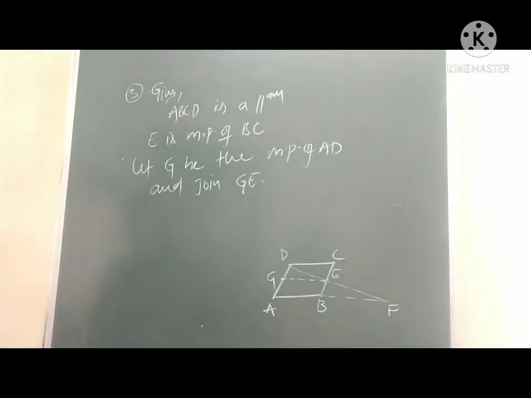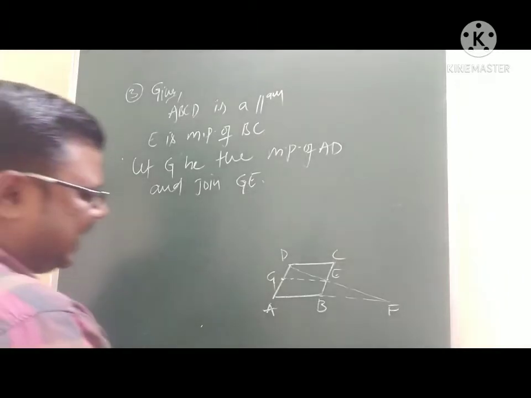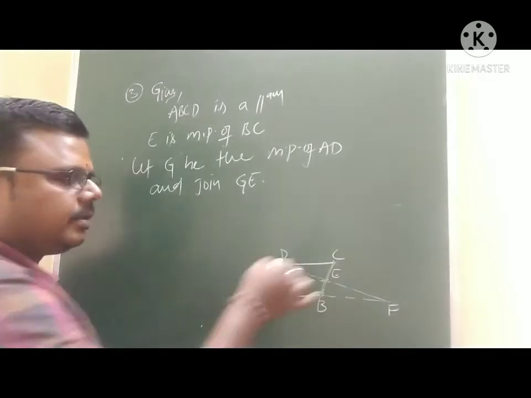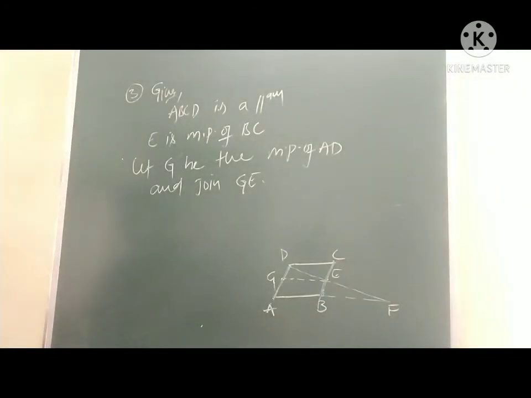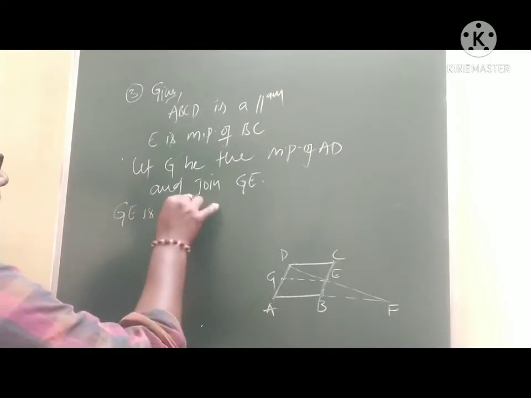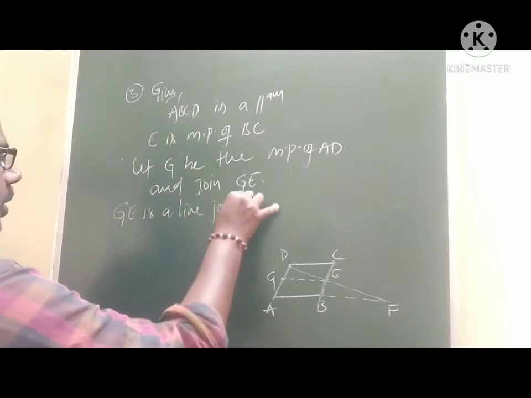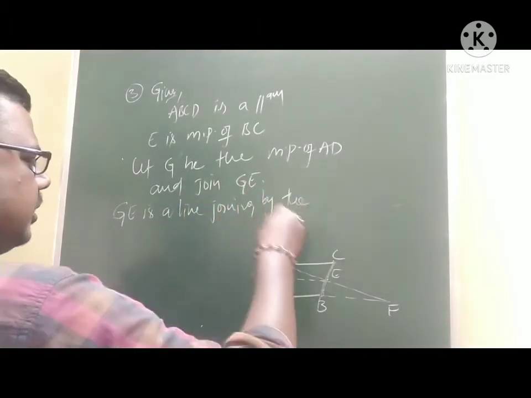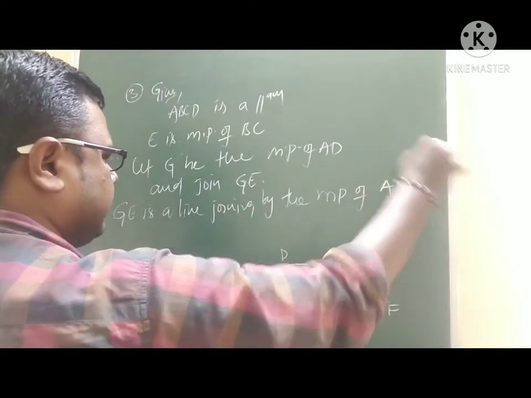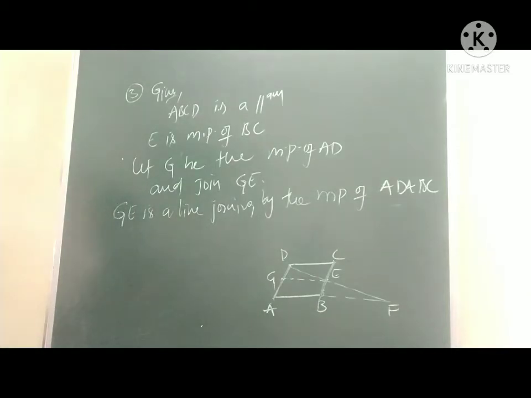Okay, now if you observe clearly, GE is the line joining the midpoints of AD and BC. So here, by the known midpoint theorem, GE is a line joining the midpoints of AD and BC.